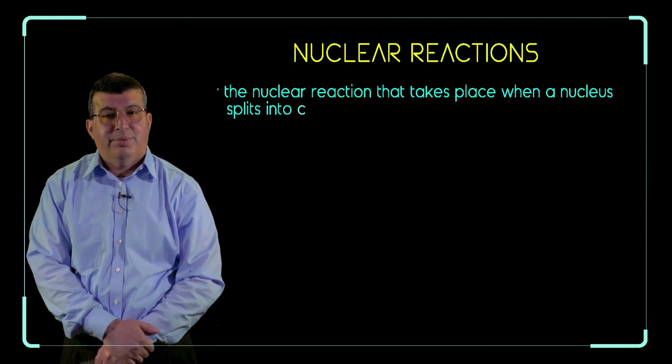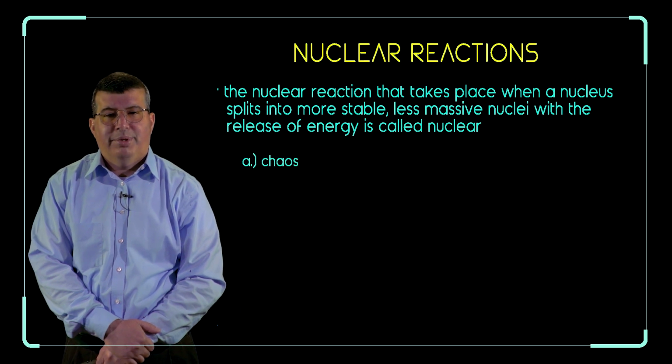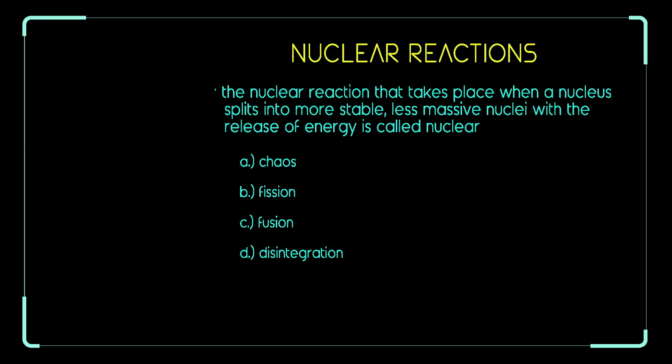Next question. The nuclear reaction that takes place when a nucleus splits into more stable, less massive nuclei with the release of energy is called nuclear A, chaos, B, fission, C, fusion, or D, disintegration.